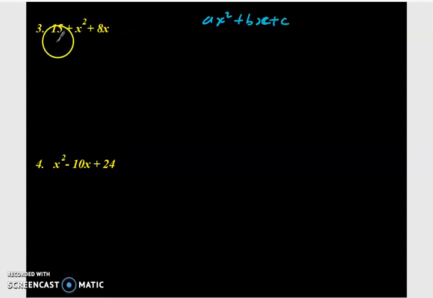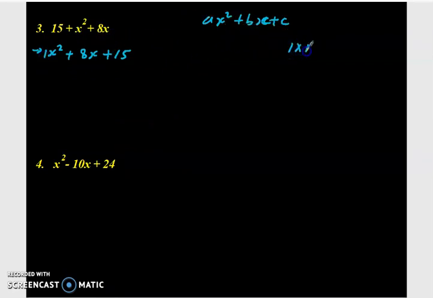So what we're going to do, we're going to reorganize this, which would give us x squared. The x squared term comes first, plus the x term, which is 8x, plus the constant 15. Right? So we're going to take the coefficient of x squared, times that by 15.